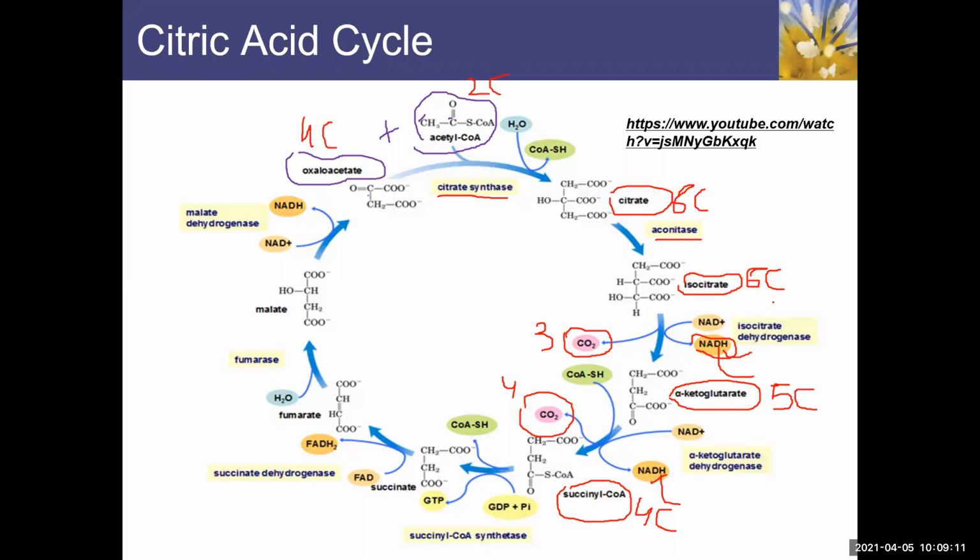We still have a 6 carbon compound called isocitrate. And then the changes will start to happen, right? What are the changes? From isocitrate, 1 carbon dioxide will be released, and it will form a 5 carbon compound called alpha ketoglutarate. While isocitrate is converted into alpha ketoglutarate, we also have one NADH produced over here.